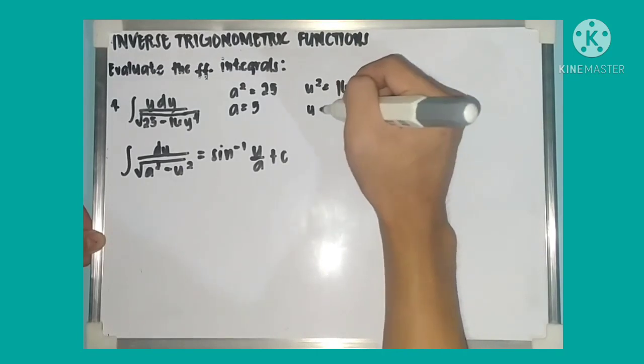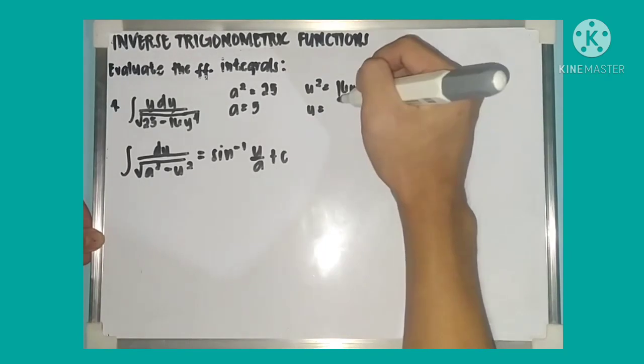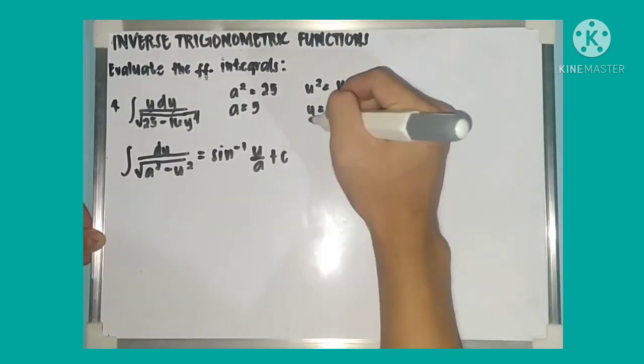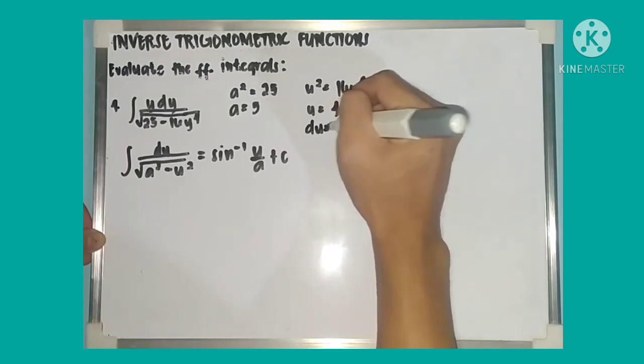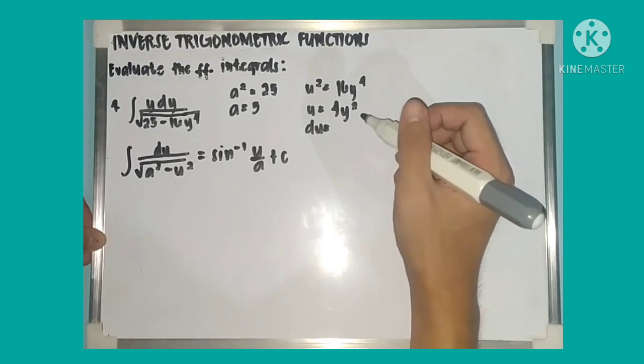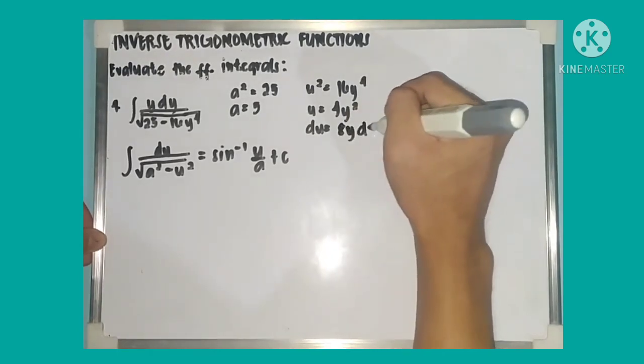And our u is equals to the square root of 16y raised to 4, which equals to 4y squared. And our du is equals to the derivative of 4y squared, which equals to 8y dy.